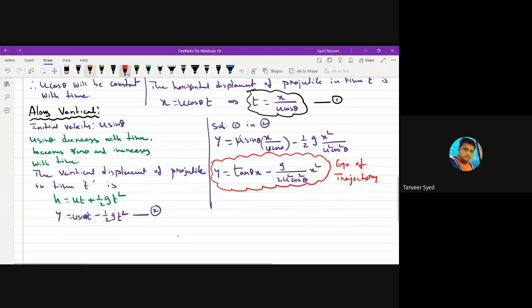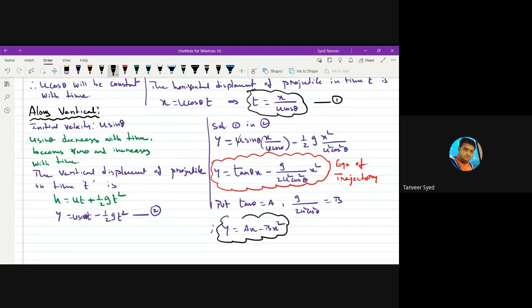If we compare this, I will make some small substitutions. Put tan theta is equal to A and g by 2u square cos square theta is equal to B. Then you get y is equal to ax minus bx square.